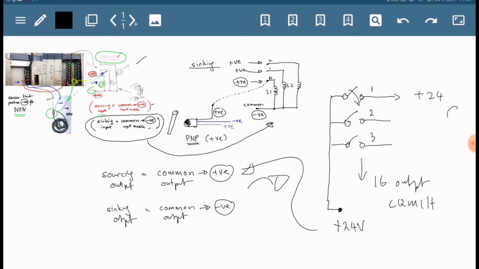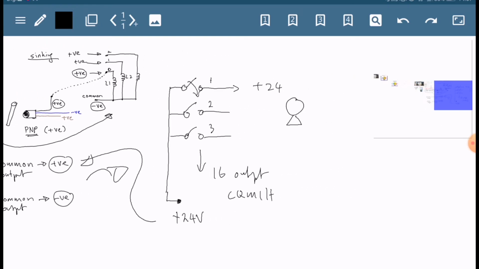If this is your motor, a 24 volt motor, the negative will go straight to your power supply. Just like that.